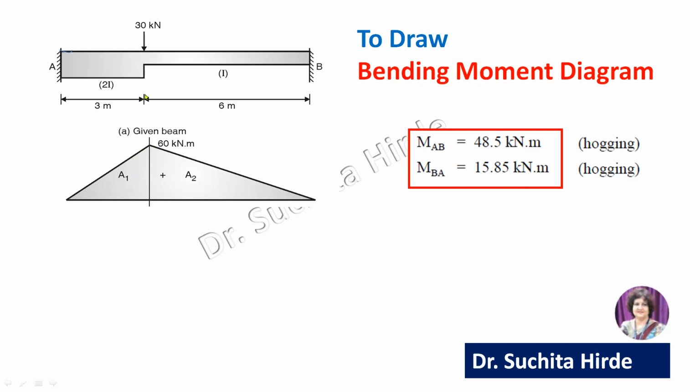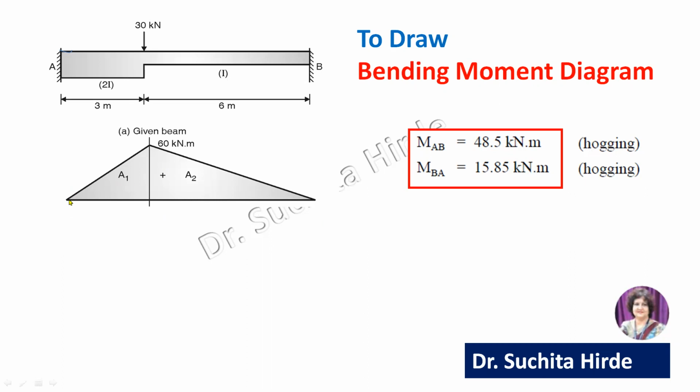This ordinate is WAB by L, which is 60 kilonewton meter. Over this, we will superimpose the bending moment diagram due to fixed end moments. We know that fixed end moments are hogging. So this is positive, over which we are going to superimpose a negative diagram.